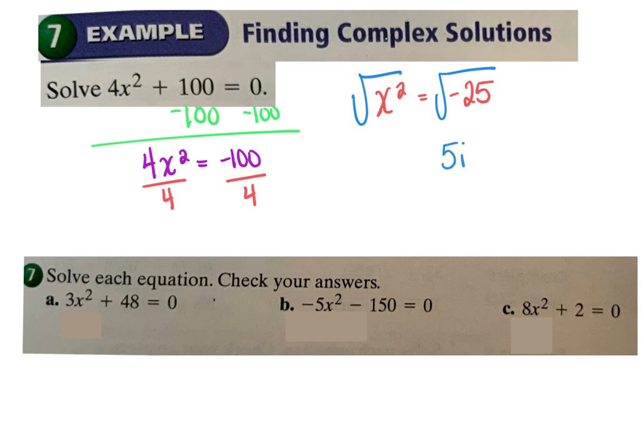However, when I am taking the square root with a variable, I have to also consider the negative root. So it's positive and negative 5i, right? We don't want to forget the positive and the negative answers there, right? Positive and negative answers are very important.